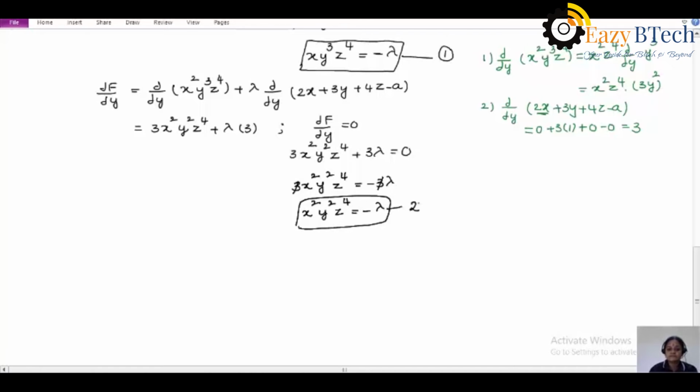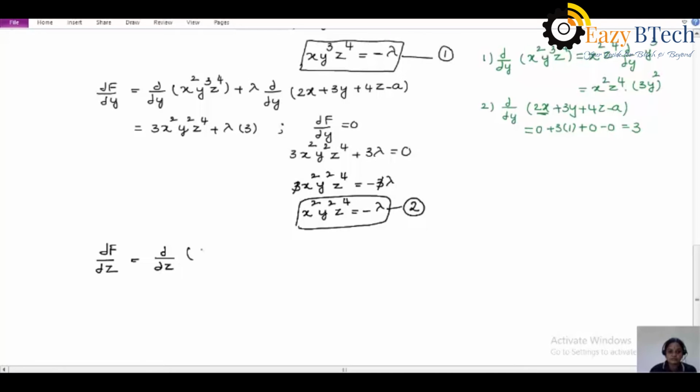Then it is equation 2. So equation 1 is x y cubed z power 4 and equation 2 is x square y square z power 4.